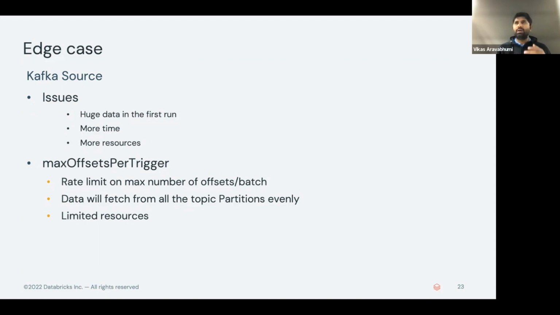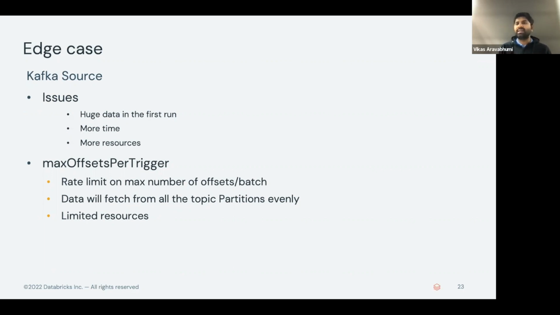To process huge data in a single batch, problem number 1 is that we should have enough resources like CPU and memory to hold and process this much data. If there are not enough resources, it leads to memory issues, and it may lead to failure, executor loss failure.